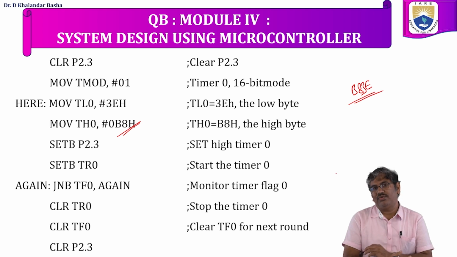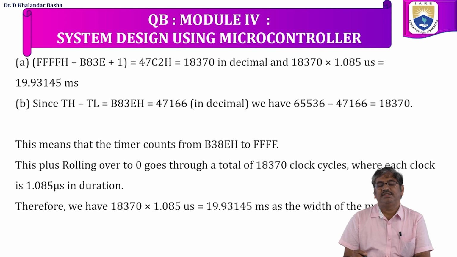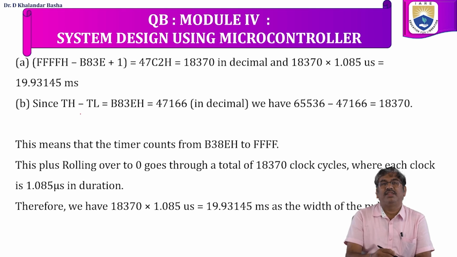For finding out what delay this program provides, as it is a 16-bit timer, we are going to get the maximum value FF minus B83H loaded. As the count starts from 0, we are going to add 1. So it is going to give 47C2H.